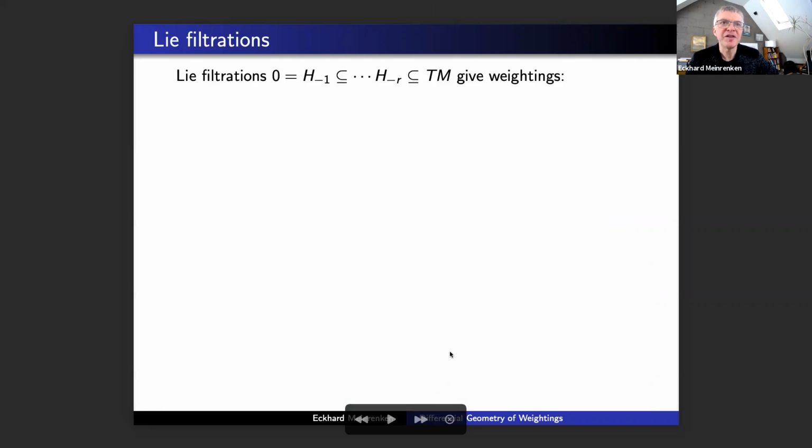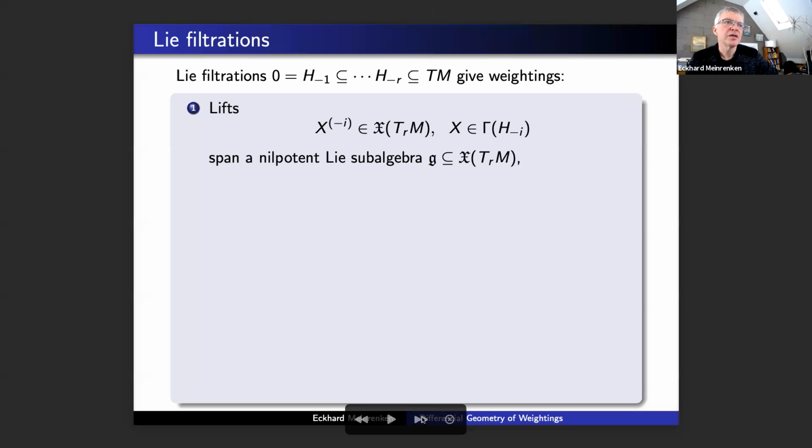So I'm claiming when you have a Lie filtration, then you get weightings in many ways. So again, you can use these lifts to the rth tangent bundle, but now we take the minus i lift of a vector field of filtration degree minus i. And one observation is that if you have a Lie filtration, this compatibility with the Lie bracket means exactly that this spans a graded Lie subalgebra of the vector fields on the rth tangent bundle.